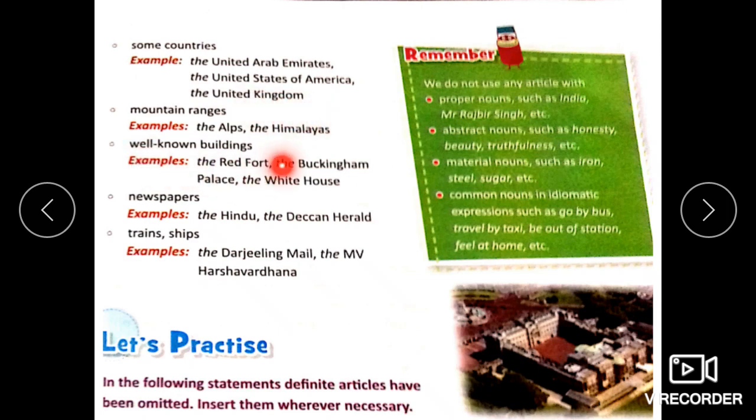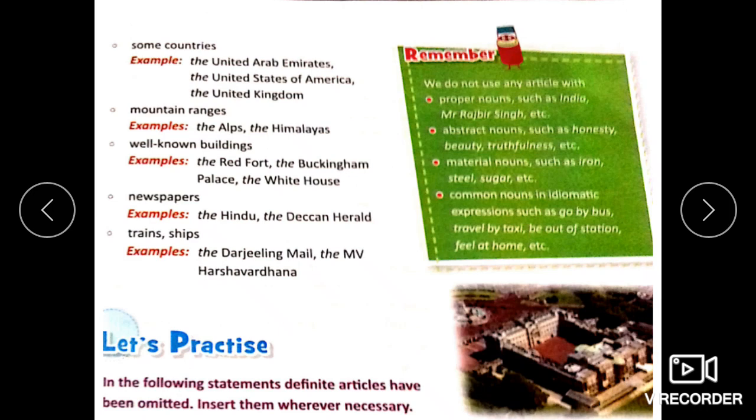Well-known buildings: the Red Fort, the Buckingham Palace, the White House. Before the names of these well-known buildings, we again use the definite article the, like the Parliament of India. Next, names of newspapers: the Hindu, the Deccan Herald, the Telegraph, the Economic Times, the Times of India.